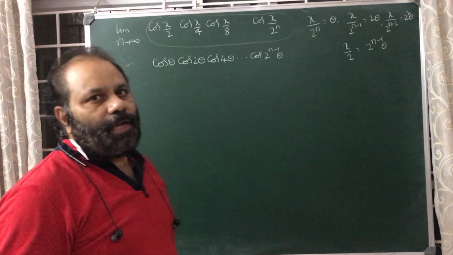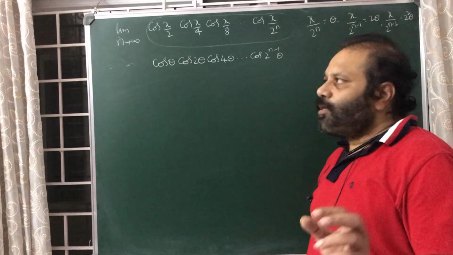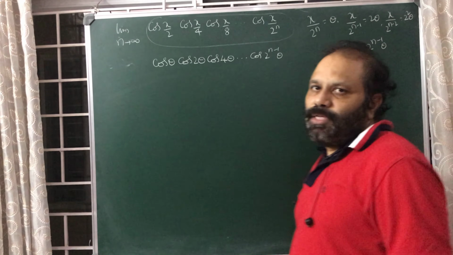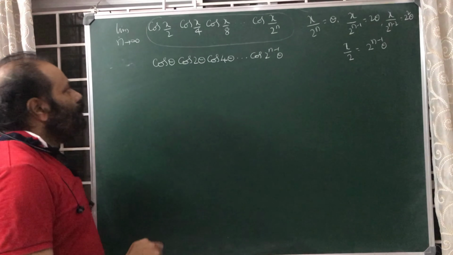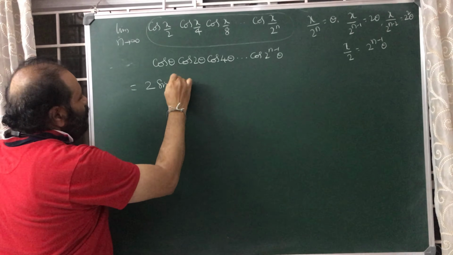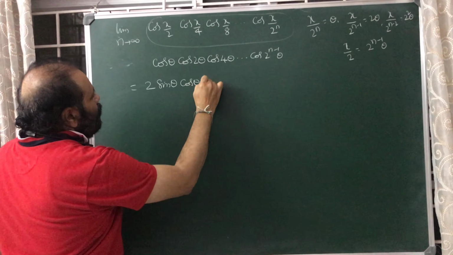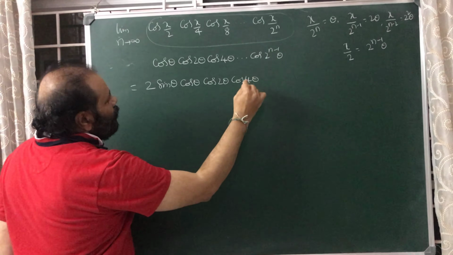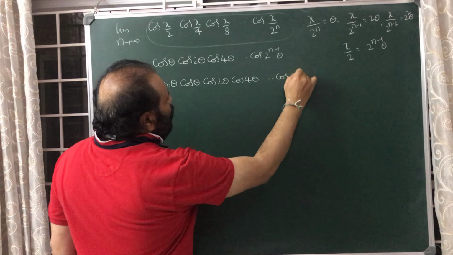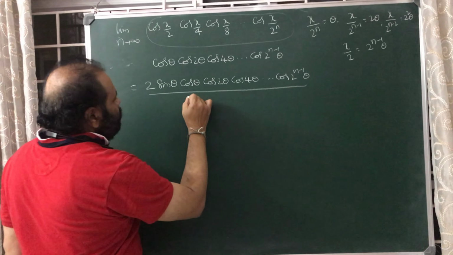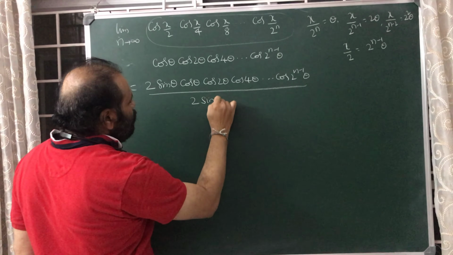Here the biggest challenge is, I want to convert this into a simple angle. This can be obtained in a very simple way, by multiplying and dividing with 2 sin theta. This is 2 sin theta into cos theta into cos 2 theta into cos 4 theta and so on, cos 2 power n minus 1 theta, divided by 2 sin theta.